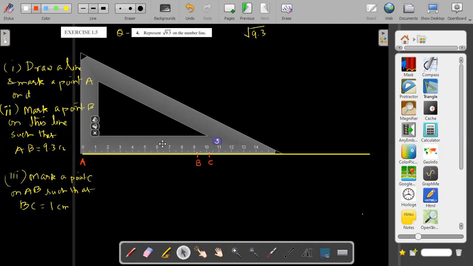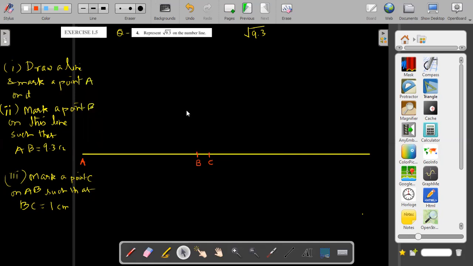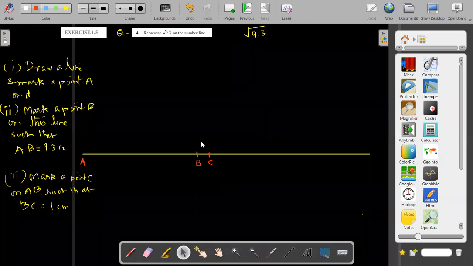Now you can remove your ruler, and now you have to take the midpoint of AC.